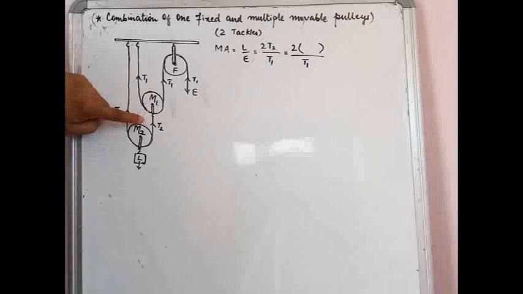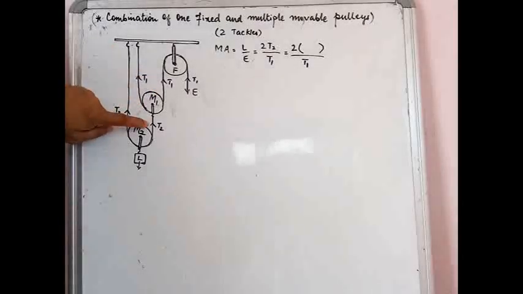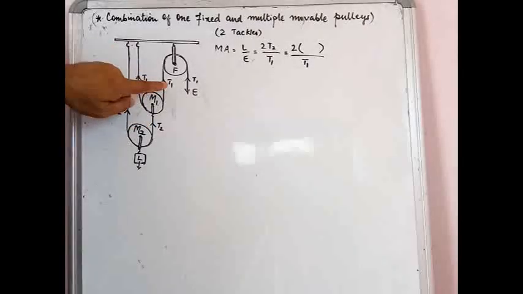So then have a look over here back in the diagram. This particular T2 is the tension in this part of the tackle, and because of the tension in this part of the tackle, this pulley will come under strain. Okay, because of this tension T2, there are these tensions that have developed.